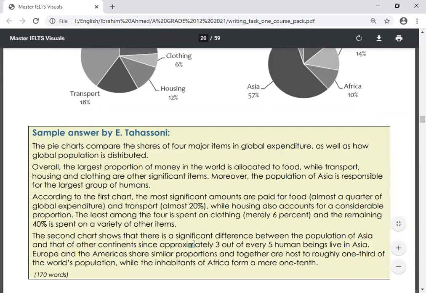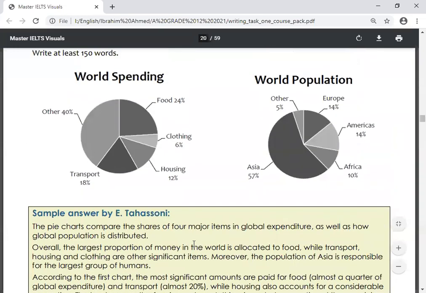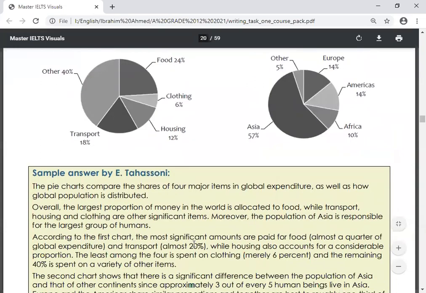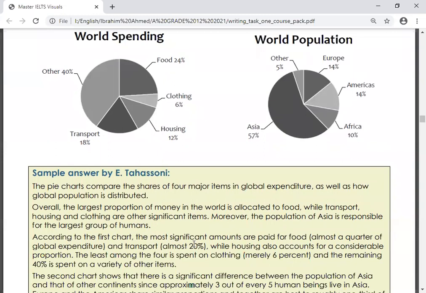Europe and the Americas share similar proportions and together are host to, or are home to, roughly 1/3 of the world's population. If we put them together, 14 and 14 equals 28. 1/3 is 33.